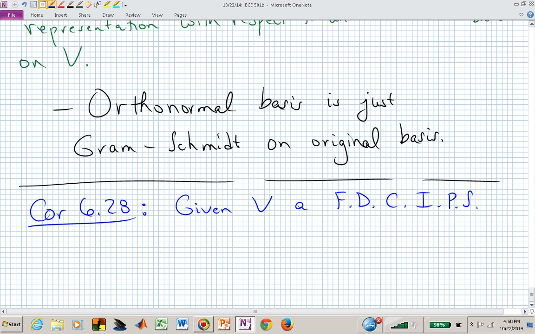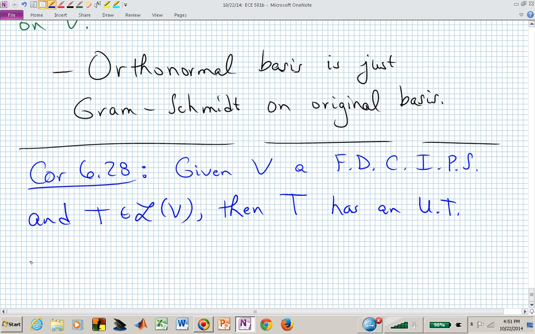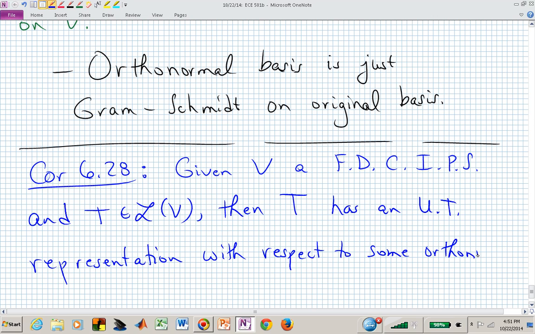So given V a finite dimensional complex inner product space, and a linear operator T on that finite dimensional complex inner product space, then T, that linear operator, has an upper triangular representation with respect to some orthonormal basis.